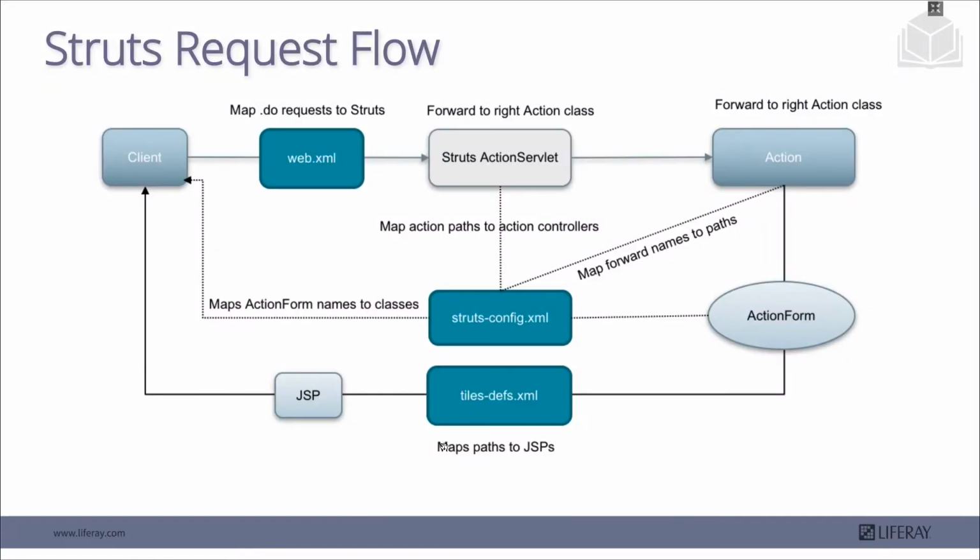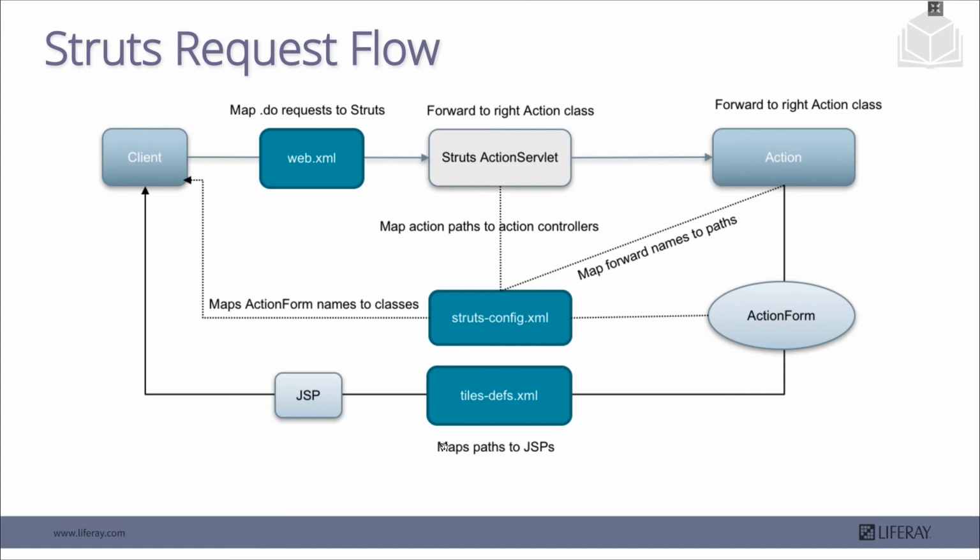These URL patterns can be defined, for example, in web.xml. So once a specific URL pattern is met, we're then going to evaluate with this specific URL pattern which action is going to be called. Now this can also be defined down here in struts-config.xml.